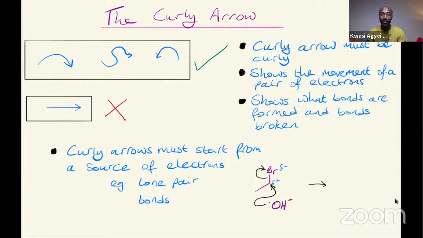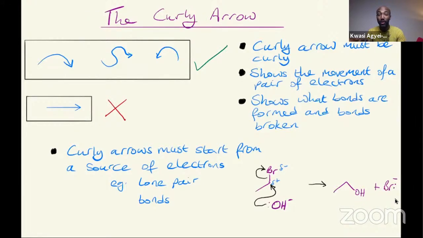This is what happens as a result of your hydroxide attacking the carbon with a delta plus on it. The C-Br bond gets broken, and we now have an alcohol, OH here, as our product, and you will have Br minus as your other, inorganic product.